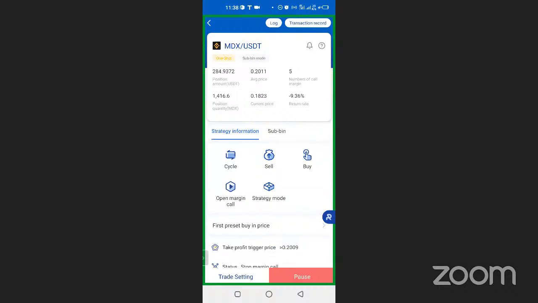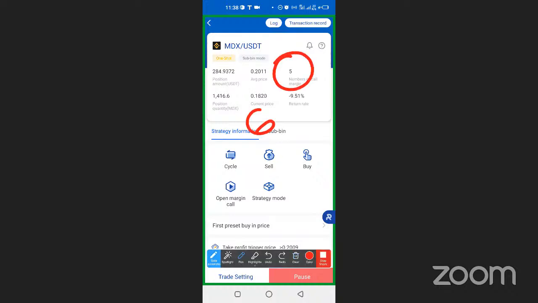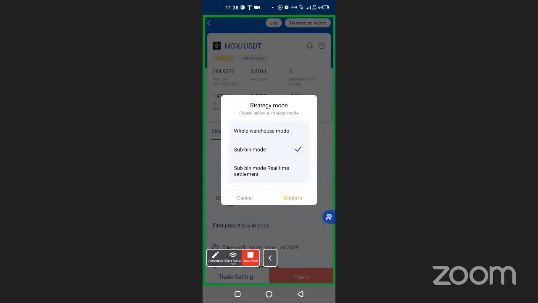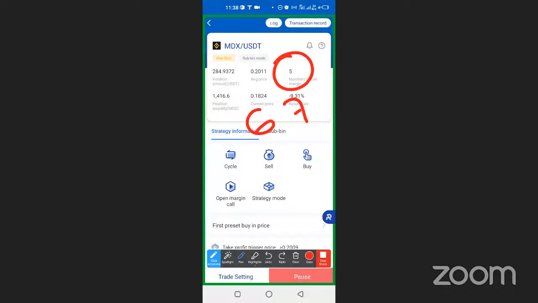Once your robot buys like 6 or 7 margin calls, if you put in the sub-bin mode, it will help you because once it sells, it will use your profit to move this average price closer to the current price. Then you put in the sub-bin mode real-time settlement and take the profit.